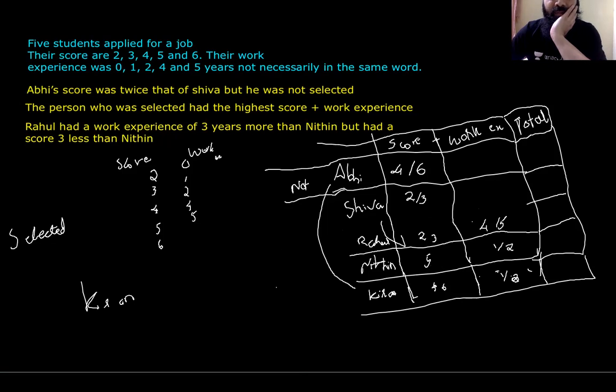So now, if I have Naveen's score as 5, then I know that Rahul will be having a score of 3 less than Nitin. So Rahul's score will be 3 less than Nitin, as in Rahul should be 3. Is that clear? Are you able to understand?